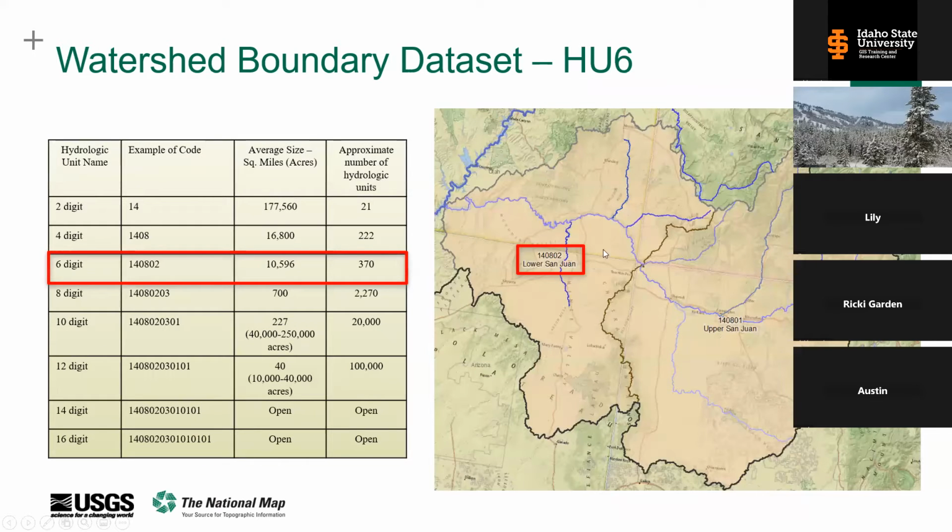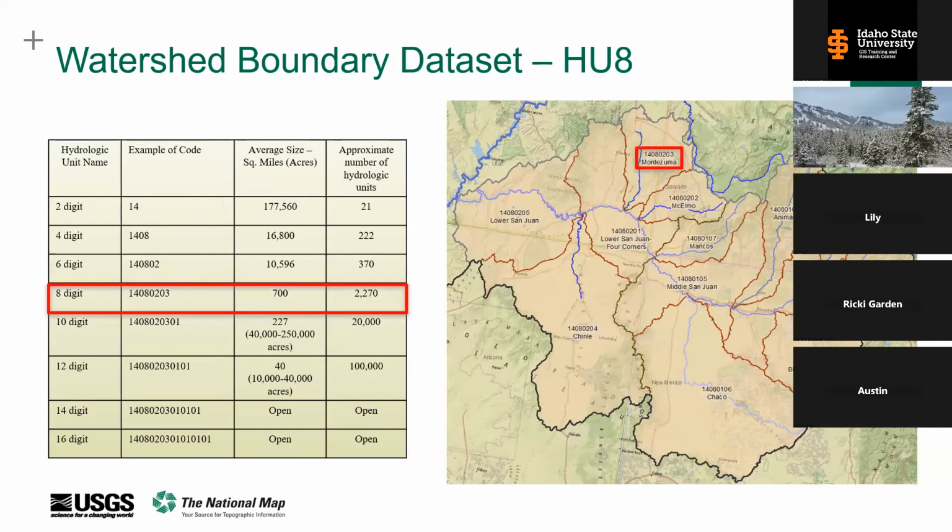Okay, so if we continue down to the 6-digit hydrologic unit level, we're looking at 140802, which is the lower San Juan. Average size 10,596 square miles for this level. And we have approximately 376 6-digit hydrologic units in the data set.